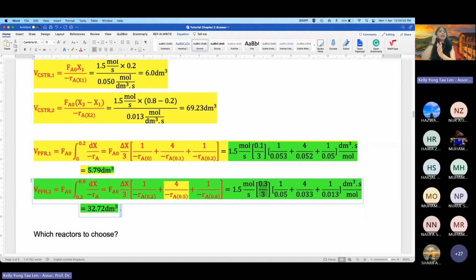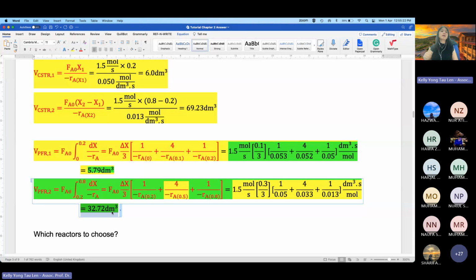Or the middle x is 0.5 and your final x is 0.8, the delta x is still 0.3. Therefore, your delta x is 0.3 divided by 3 because the formula is delta x per 3. You have to do the calculation by yourself, and hopefully later when you have extra time, you will get the volume as 32.72 dm cube.